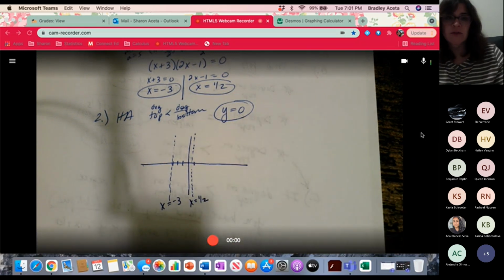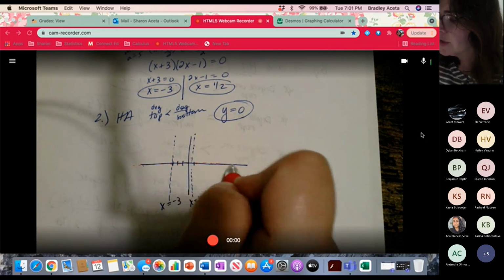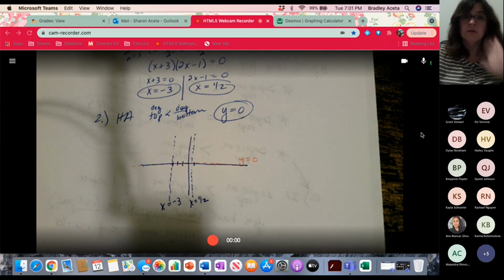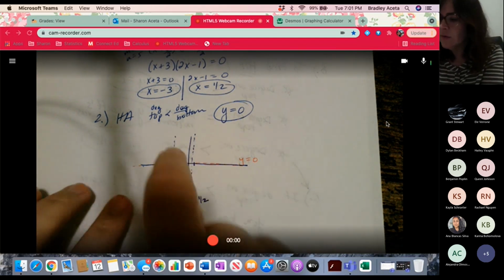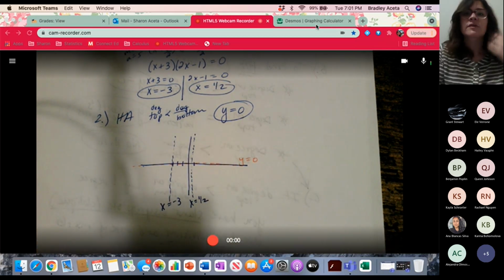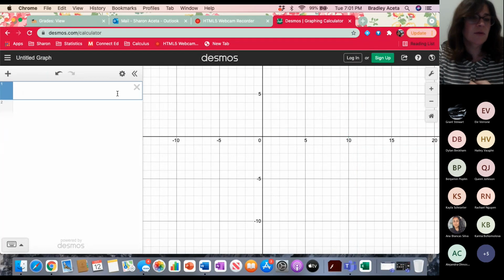And then you have a horizontal asymptote at 0, so that doesn't change. But your picture is going to look different. And I want to show you on good old Mr. Desmos. Because you don't just have 2 hooks anymore. You have this extra thing going on. I mean, look, you don't just have 1, 2, 3. You have 1, 2, 3, 4, 5, 6 parts. So thankfully, you get to use this beautiful thing right here, and or a calculator.